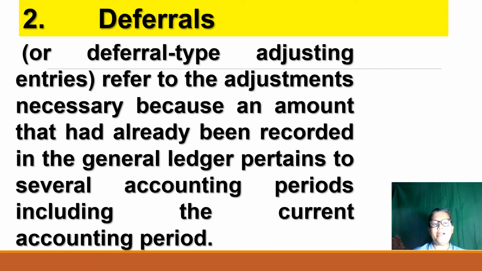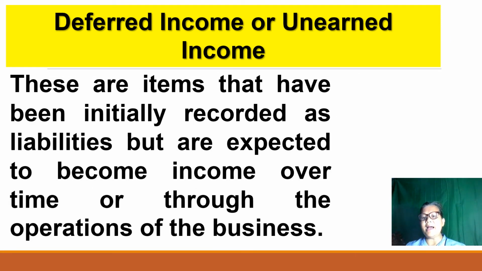Let's move on to deferral type adjusting entries. This refers to the adjustments necessary because an amount that had already been recorded in the general ledger pertains to several accounting periods, including the current accounting period. These are the items that have been initially recorded as liabilities but are expected to become income over time or through the operations of the business.